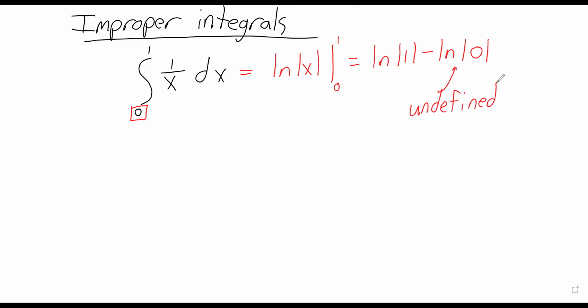And if you think of the integral of a positive function as the area under a curve, you're trying to take the area of an infinite region. You've got your curve. It looks something like this. This region just extends up to infinity.